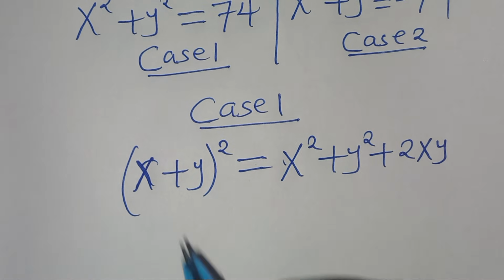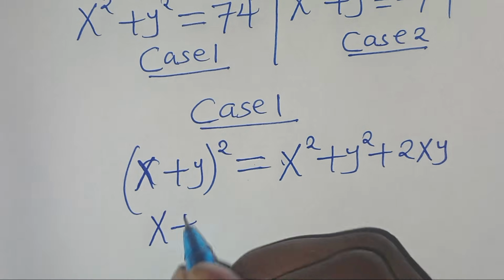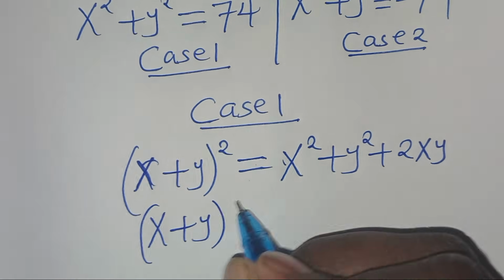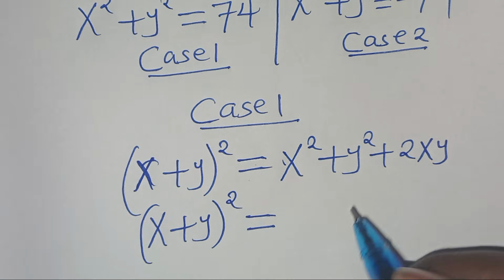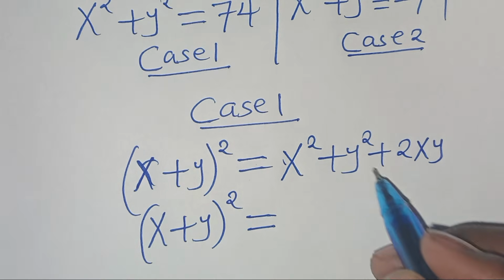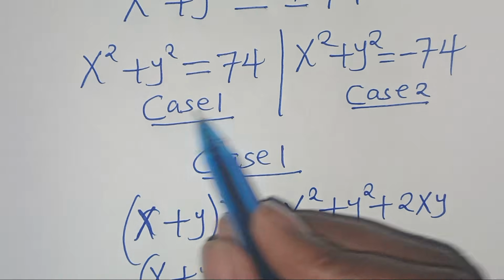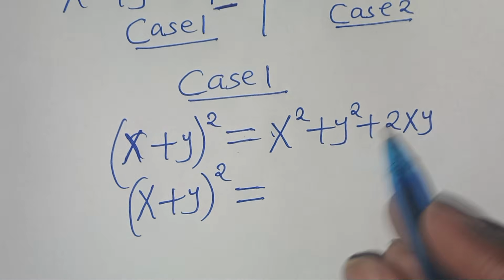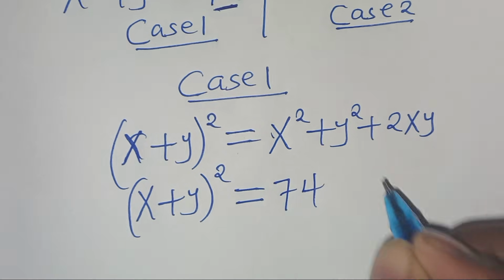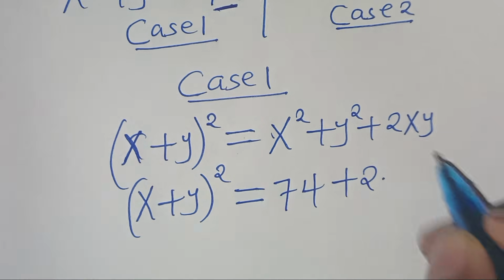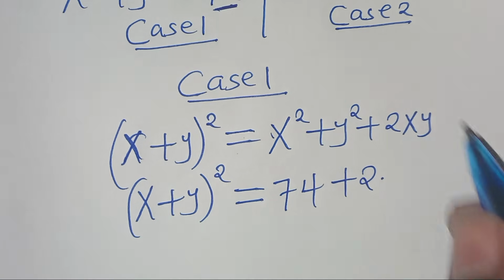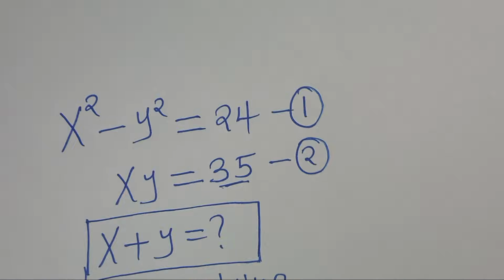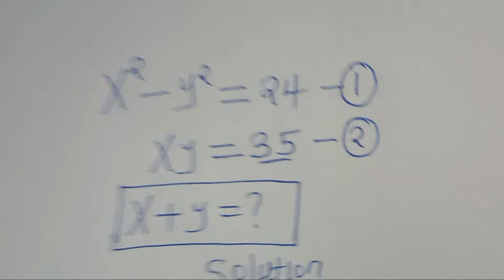So this means x plus y raised to the power of 2 is equal to x squared plus y squared. In the first case, we have x squared plus y squared as 74, so this is 74 plus 2 times xy. xy, from equation 2, is equal to 35.